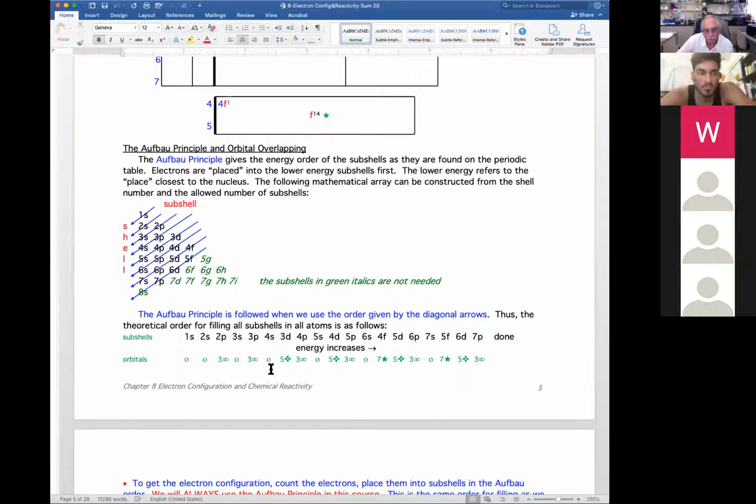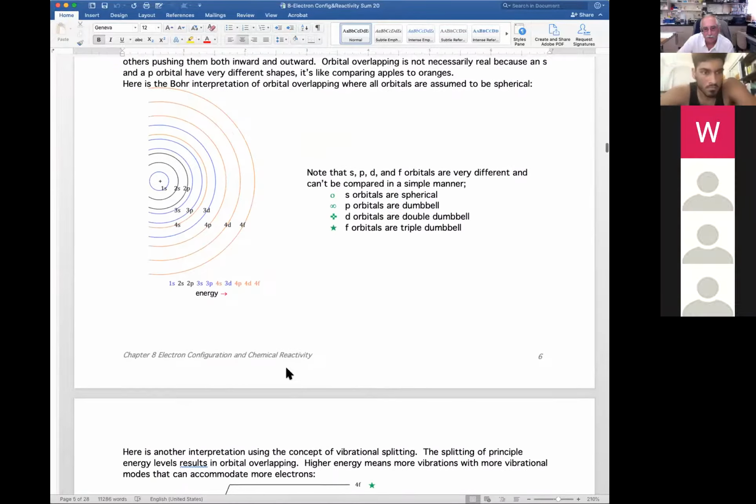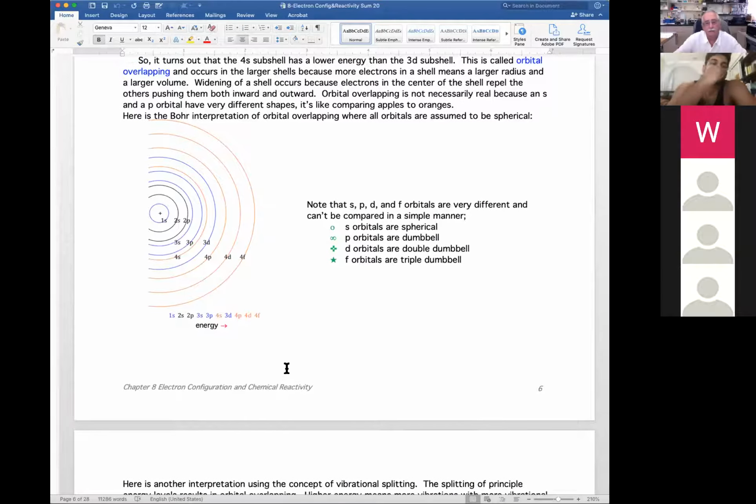And again, the 4s is a completely different animal than the 3d. The orbitals are different shapes, and please don't think that all orbitals are spherical like an S, because they're not. I tried to explain that a couple of different ways.